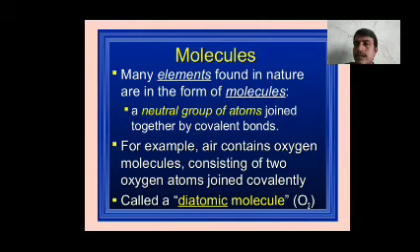So hydrogen atom 1s1, another hydrogen atom also has 1s1 electronic configuration. These two electrons mutually share together and form a new bond between hydrogen and hydrogen. Hydrogen molecule has a single bond between hydrogen atoms. Oxygen molecule has two bonds between oxygen atoms.